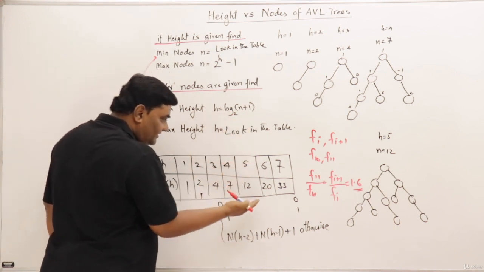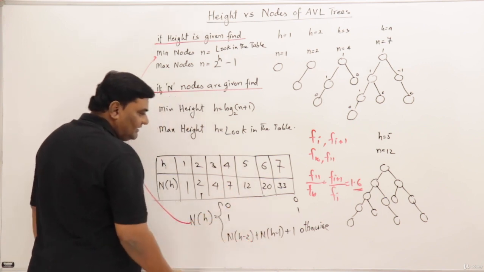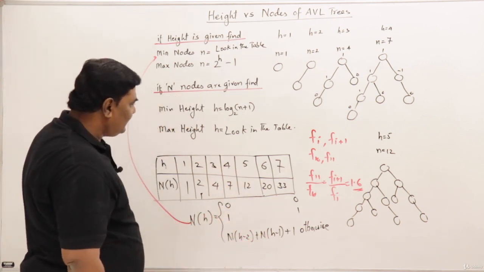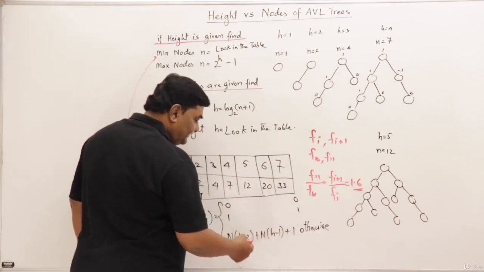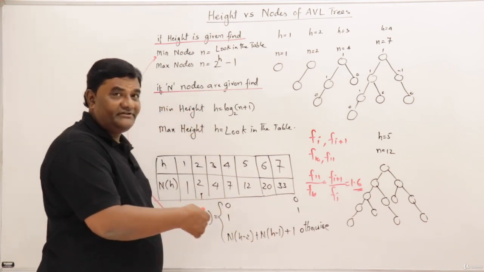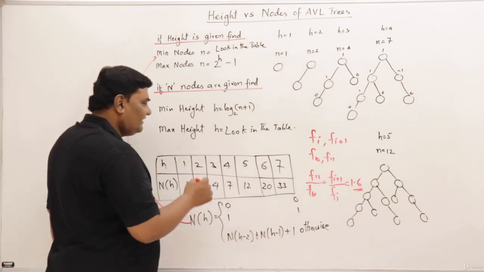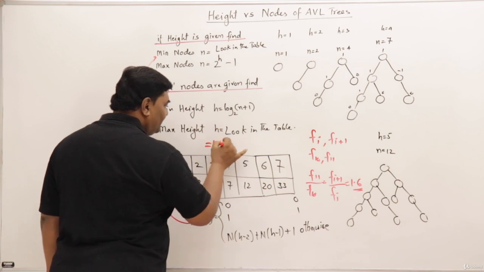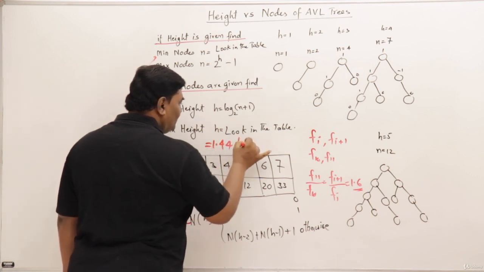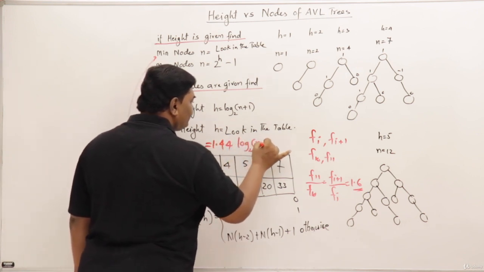Then one last thing, minimum height is log base 2 of n plus 1. Maximum height, look into the table. The table is from the formula. So from this formula, can't I calculate height? Yes, approximately, if you calculate from this one, there is a derivation. If we derive that and get the answer, then approximately it is equal to 1.44 log base 2 n plus 2.